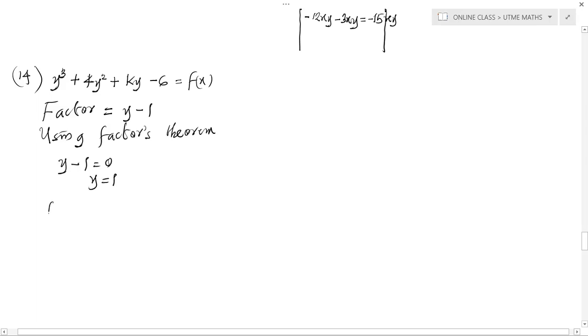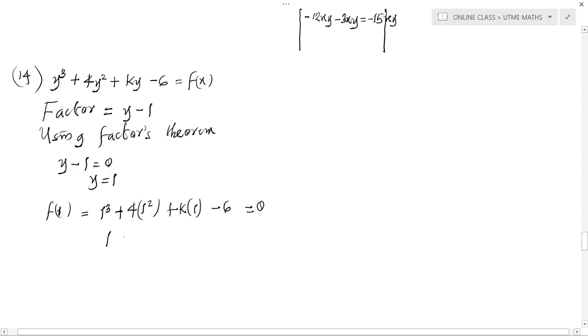So then substitute for y in that place. So you substitute 1 for y, you'll be having 1 cubed plus 4 times 1 squared plus k times 1 minus 6. It must be equal to 0.